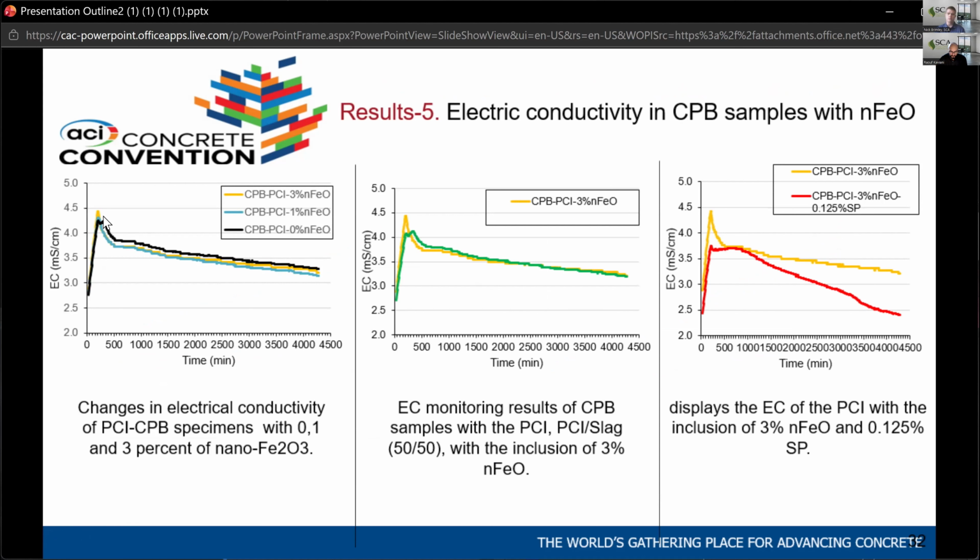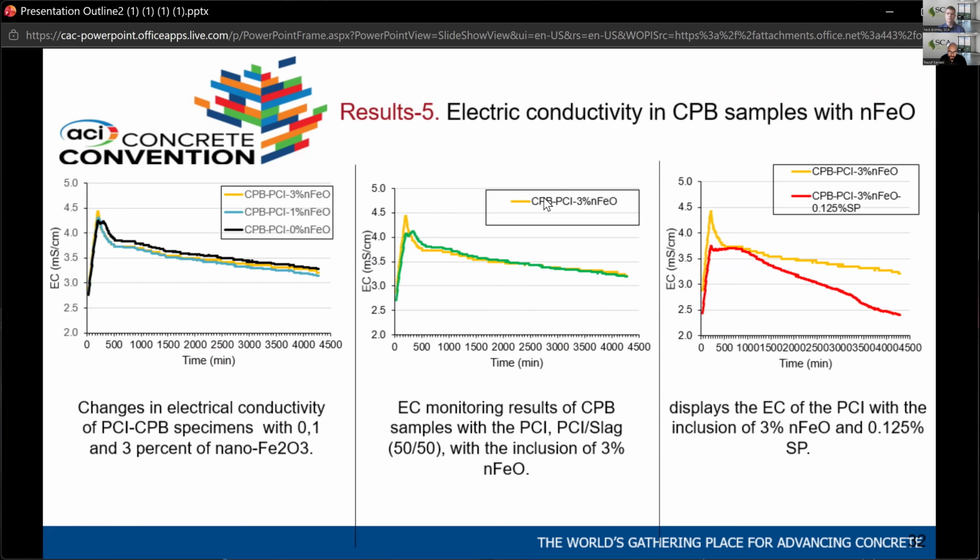It means that the ions are very active in the process of hydration, which shows you this peak within, let's say 10 minutes, not 10, like 240 minutes. Same peak happens in here.